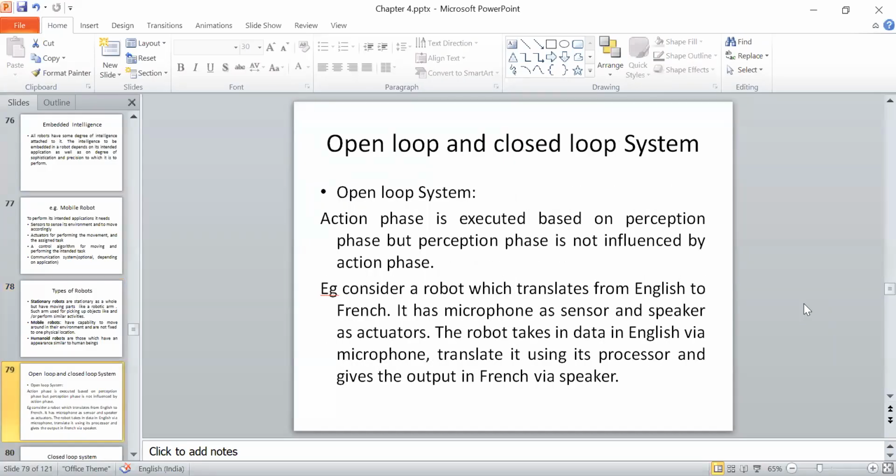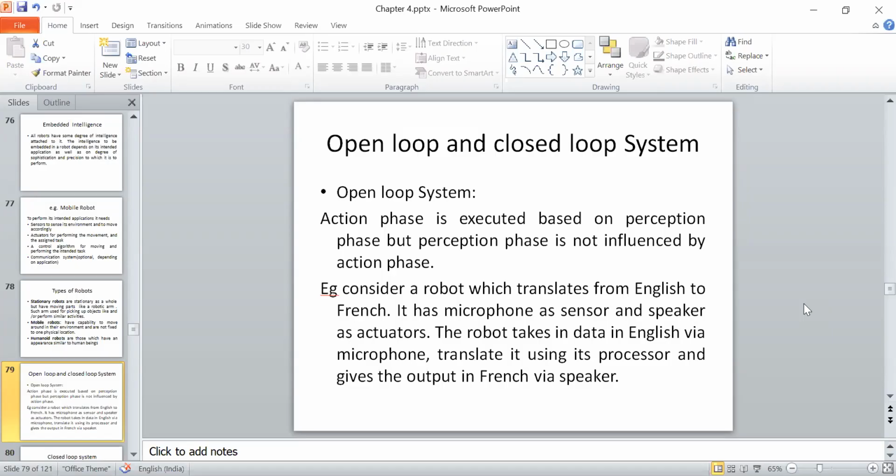Now if you see these robots, you can further categorize them into two more parts. It could be an open loop system or a closed loop system. So if you see, we have a path. We first do the perception, then we do the processing, and then we do the action.